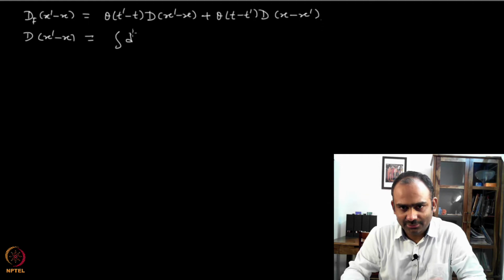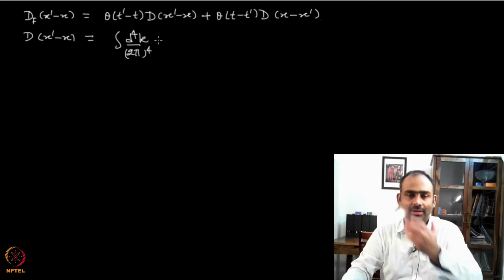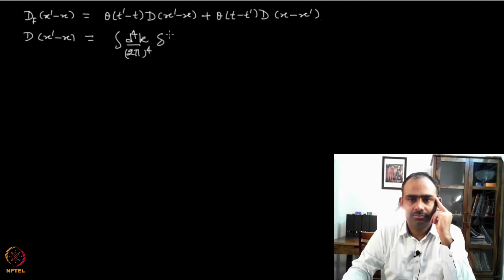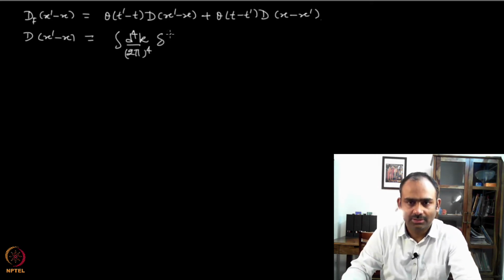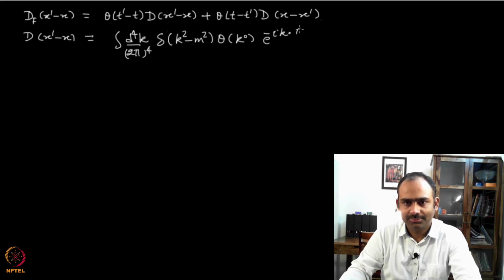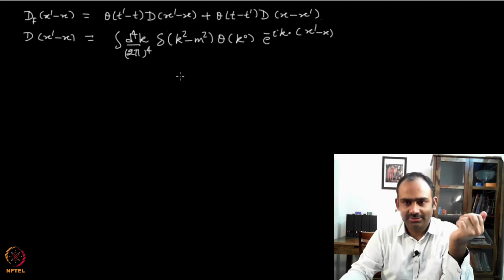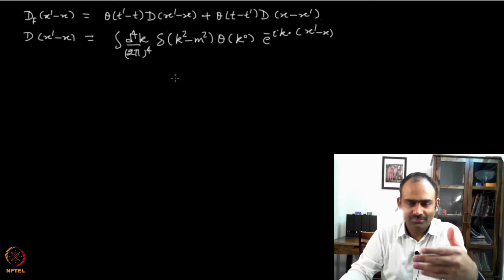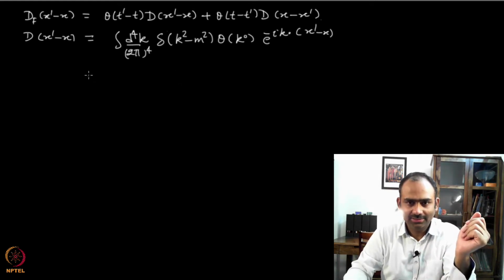We wrote it as d^4k over (2 pi)^4, then 1 over k square minus m square, then a theta of k0 and e to the minus i k dot (x prime minus x). And we argued that this is a Lorentz invariant quantity, and please make sure that you are able to show that this is Lorentz invariant.